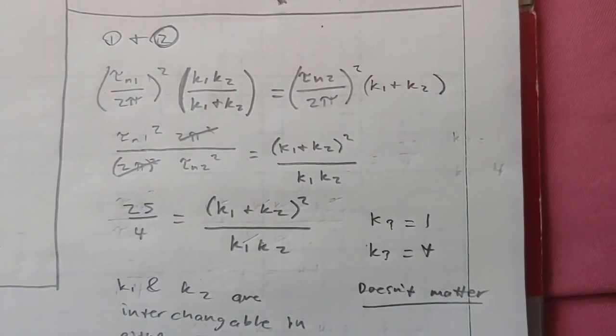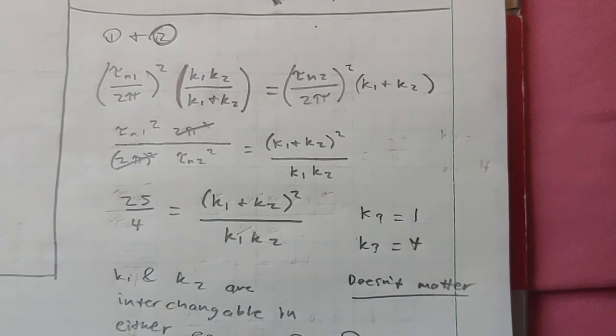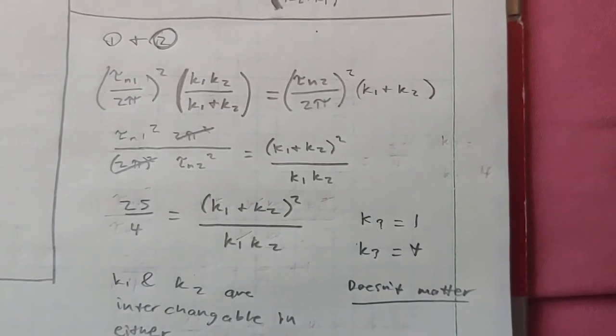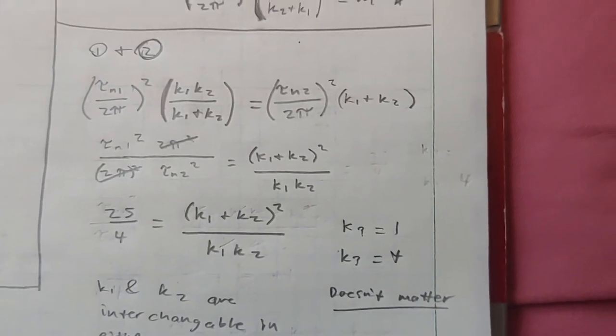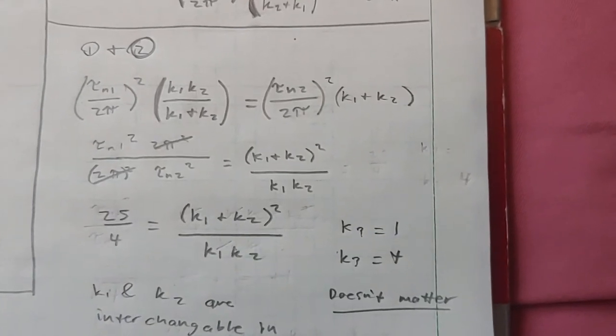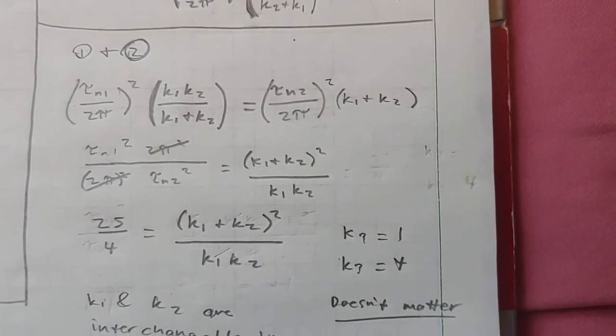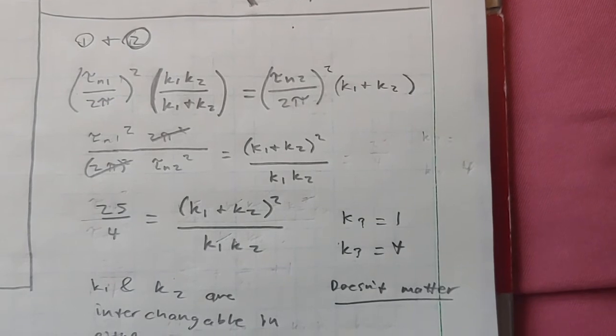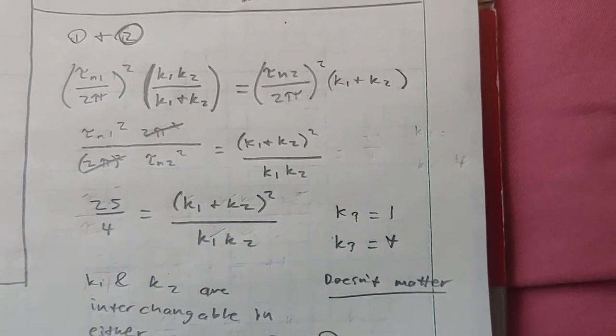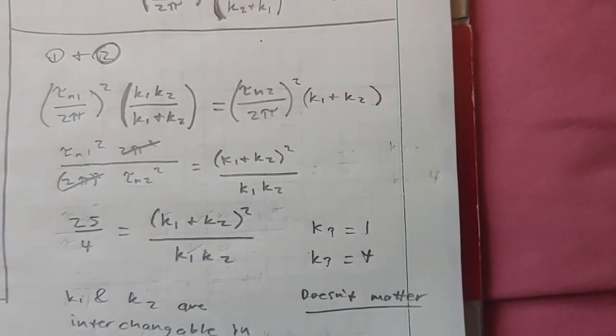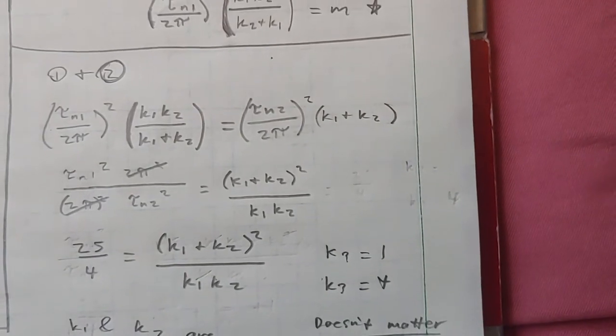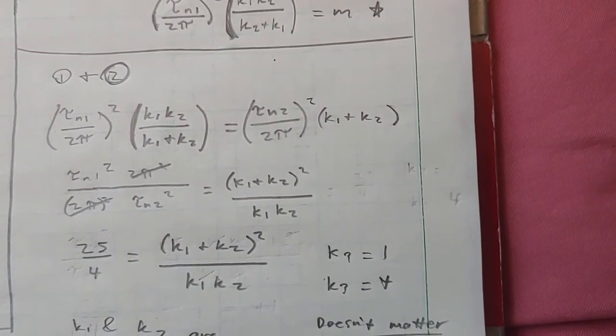We're going to have our natural frequency 1 over 2 pi squared. Anyway, I'm going to go through this a little quicker. We have everything equal to each other. The 2 pi squares cancel out. And then we have Tn1 squared over Tn2 squared, which is 25 over 4. And then we have that as K1 plus K2 squared over K1 times K2.